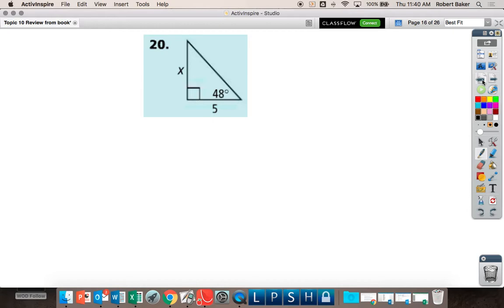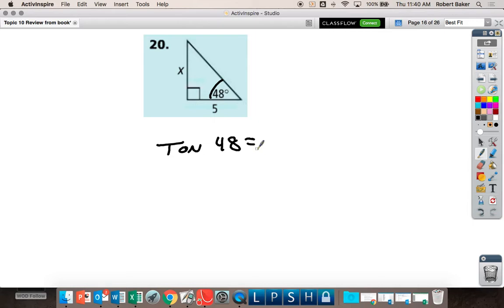There's only one that does not use the hypotenuse: tangent. So now I know tangent. Tangent of the angle is equal to opposite over adjacent, right?